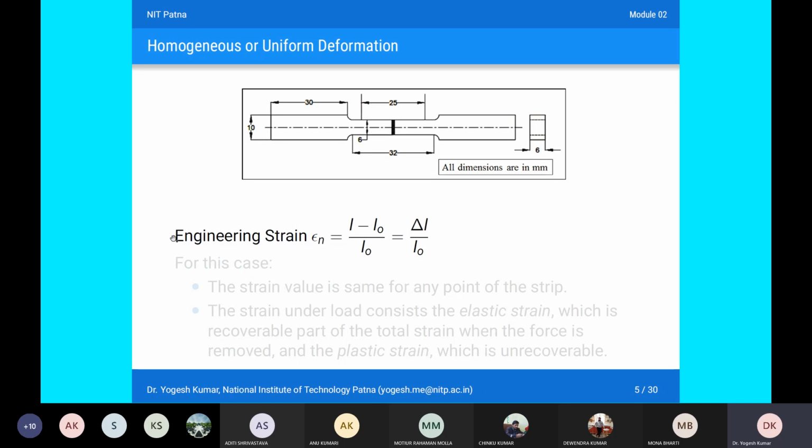This strain is called engineering strain, and it is normally defined as epsilon n, or sometimes written as e. e is equal to the final length subtracted by the initial length divided by the initial length. This is nothing but change in length upon original length.